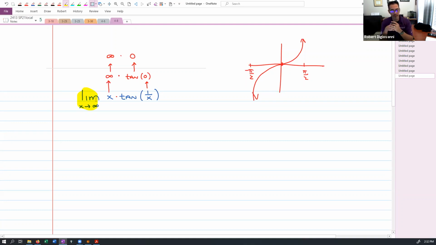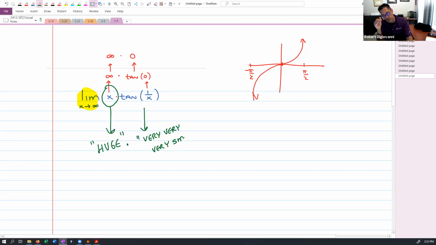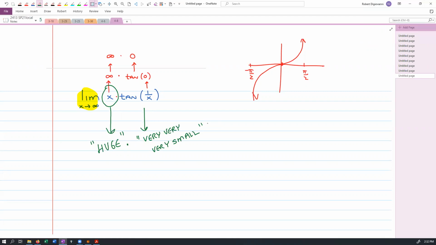You're just approaching them. So what we have is one piece, this front part, getting huge. This is becoming a huge number. And we're multiplying that times this number, which is getting very, very, very small. So what happens when you take a very, very big number and multiply times a very, very small number?